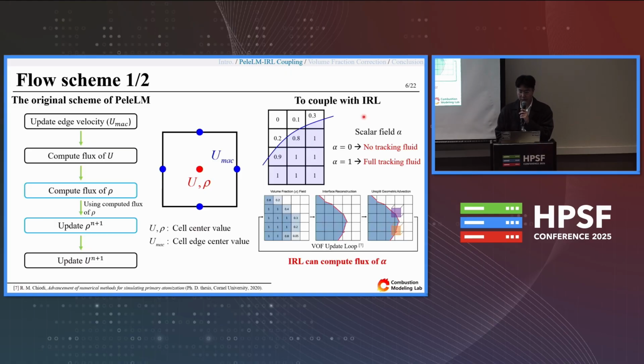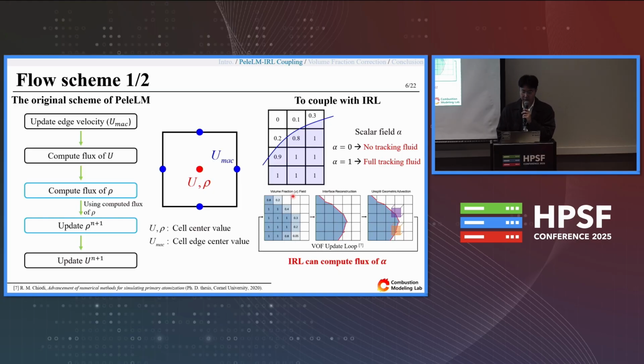But to couple with IRL, a new scalar field alpha needs to be determined. Alpha means the volume fraction, so alpha equals 0 means there is no tracking fluid inside the cell, and alpha equals 1 means it is full of the tracking fluid. IRL can compute the flux of alpha with an updating loop like this.